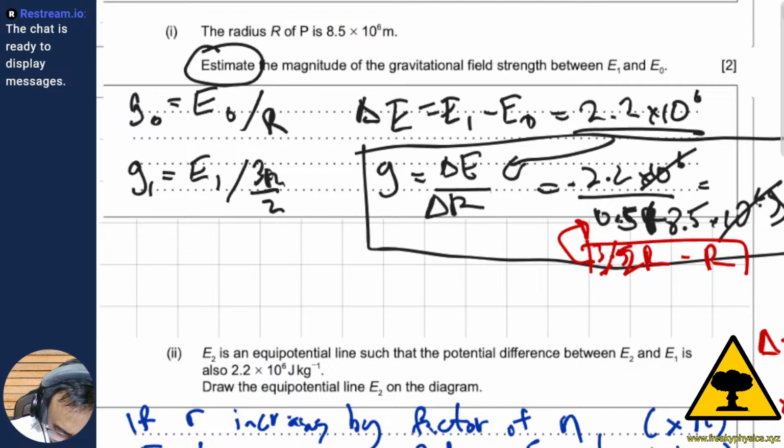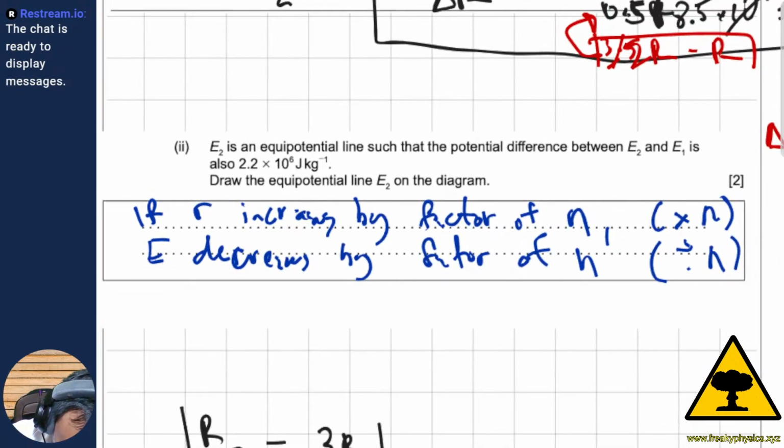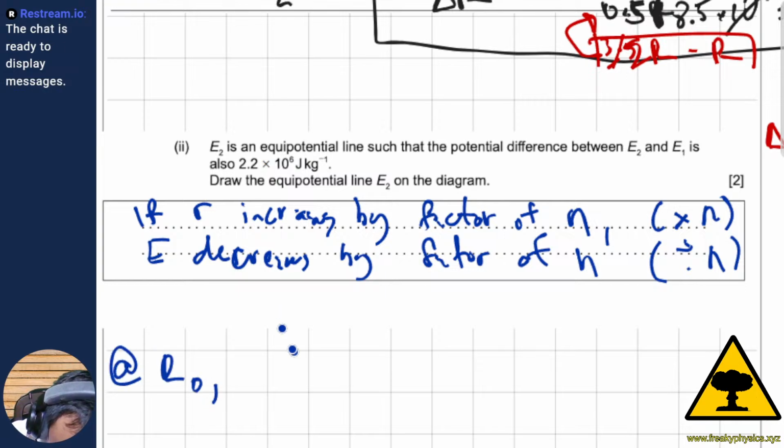Okay, so what does it mean? If we go back to the original one, at R0 we have some potential V0.